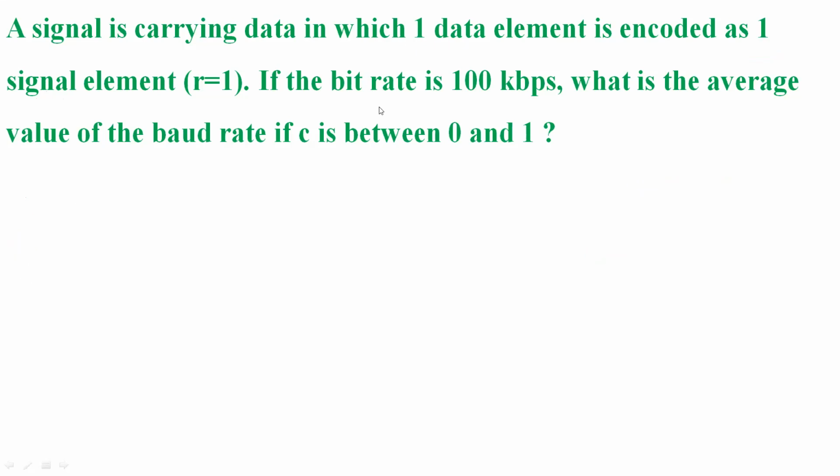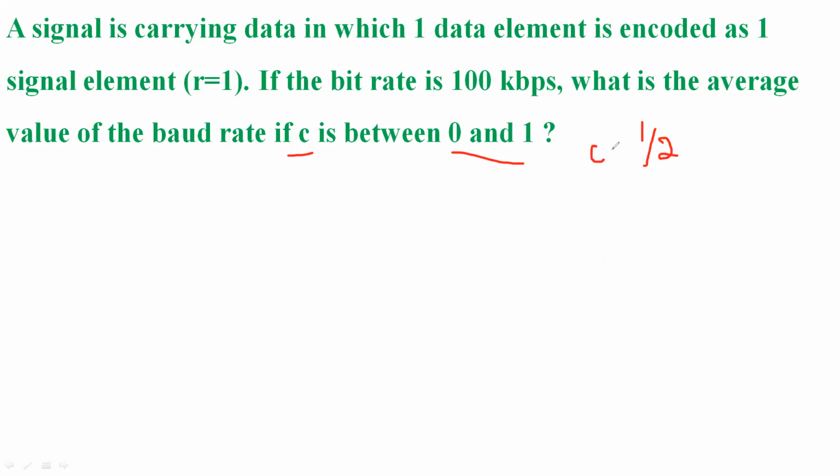The continuation of the question is: if the bit rate is 100 kbps, what is the average value of the baud rate if C is between 0 and 1? C varies from 0 to 1.